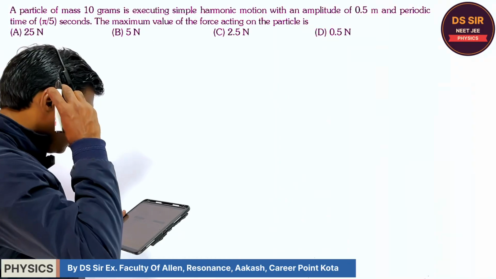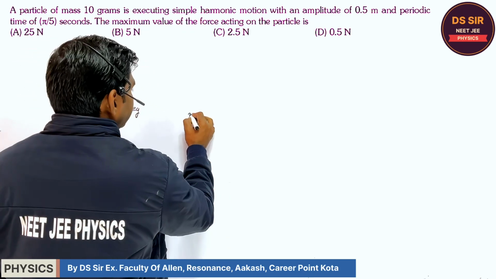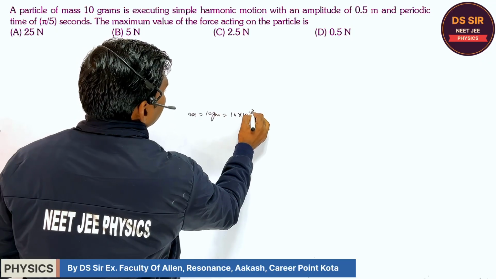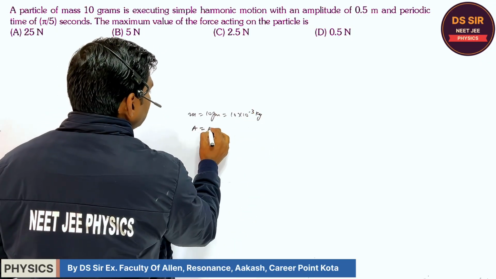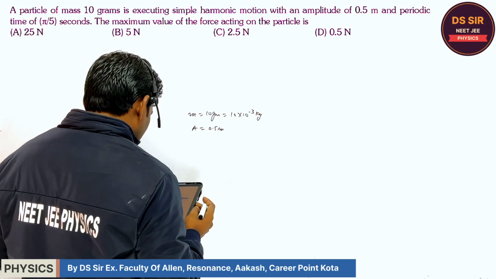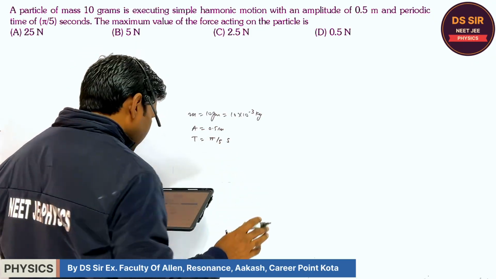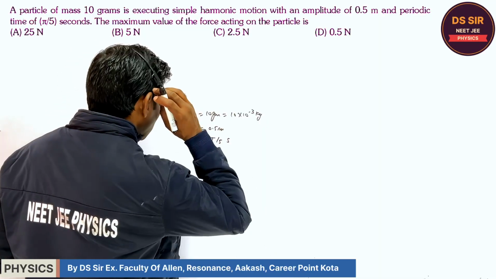Copy this. So read this question. In this question, a particle of mass 10 to the power minus 3 kg is in simple harmonic motion, amplitude is 0.5 meter and time period is pi by 5 seconds. They are asking the maximum value of the force. So listen one thing.